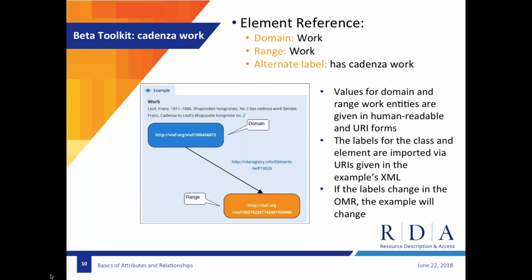And then underneath it, they're given in URI forms. And the arrow is going from domain to range. So the range is like the target that the arrow points to. And just FYI again, for these examples, they're linked to URIs in the OMR. So if that information changes, these will change accordingly.